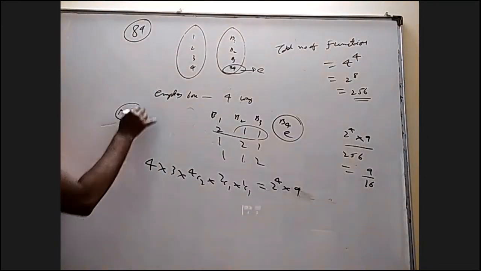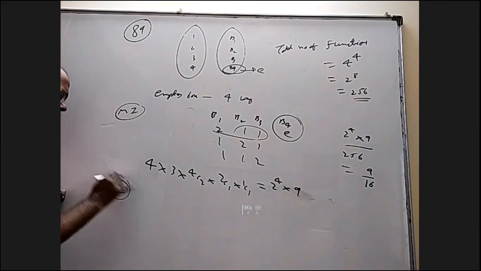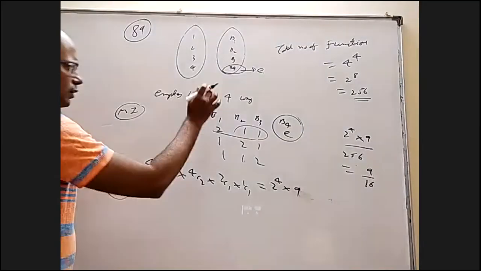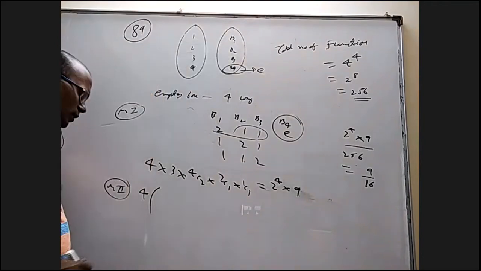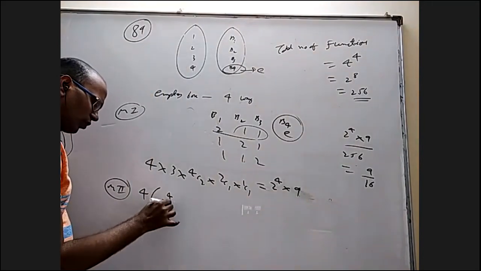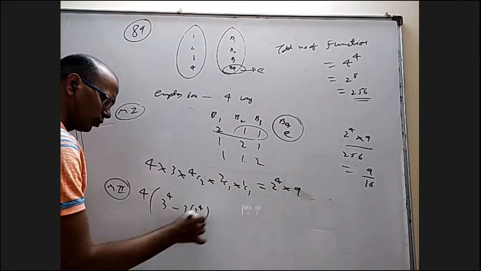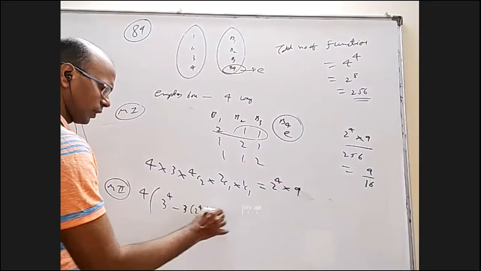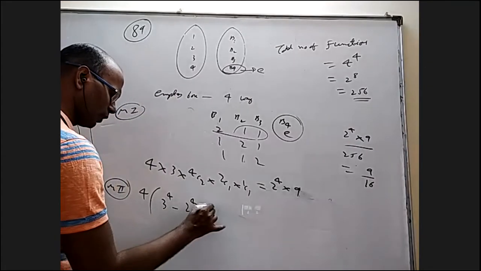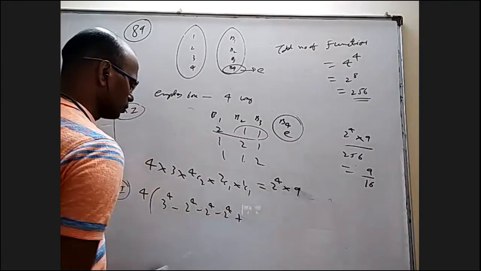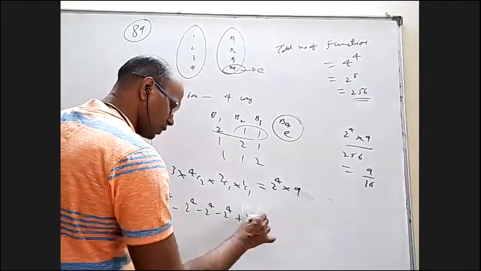Okay, this is one method. Method 2 is, as I said, empty box is 4 ways. Onto functions from 4 elements to 3 elements is 3 power 4 minus 3 times 2 power 4 plus 1 plus 1. I can even write in more detail: 3 power 4 minus 2 power 4 minus 2 power 4 minus 2 power 4 plus 1 plus 1 plus 1.